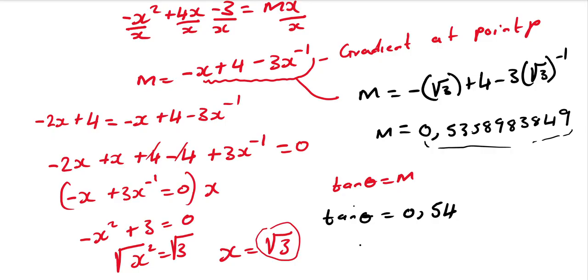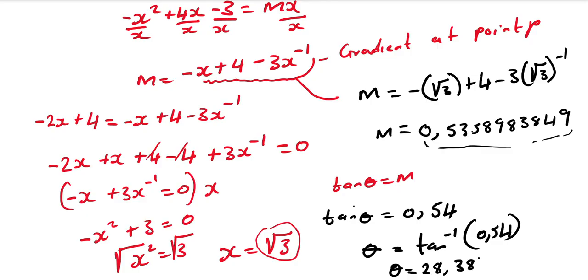When we round it to 2 decimal places, our theta will be arctan 0.54. We'll get 28.37 degrees when we round it to 2 decimal places.